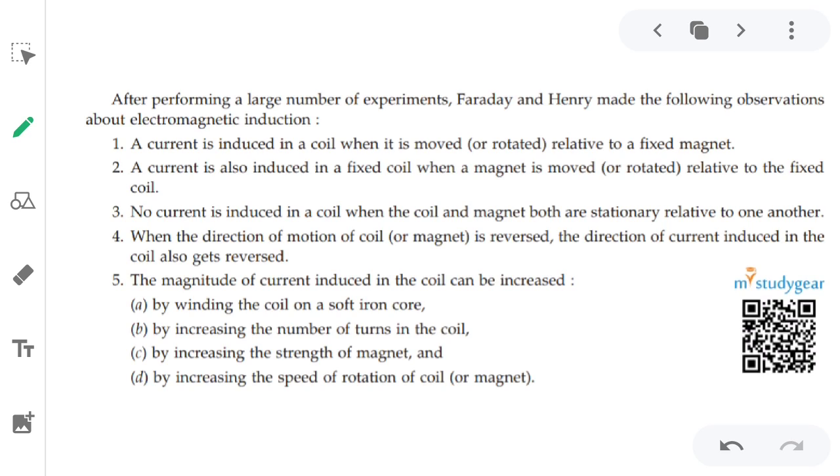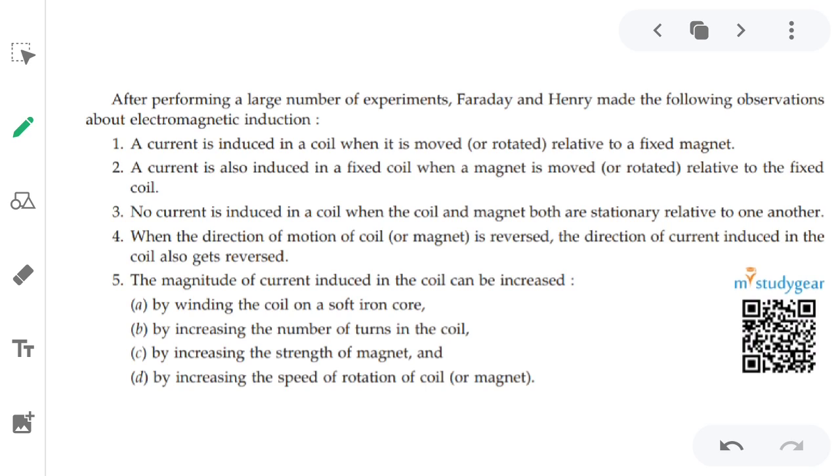Current is also induced in a fixed coil when the magnet moves. So any one will have to move, whether it is the coil or the magnet. The third observation was that no current is induced in the coil when coil and magnet are both stationary relative to one another. If both are stationary, in that case also current will not be induced.